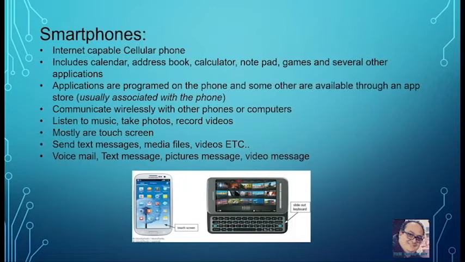You can connect through wireless or Bluetooth to another phone, another device, or the computer. You can listen to music, take pictures, record videos, and mostly they are touchscreen. You can send text messages, media files, etc. It is capable of voicemail, text messaging, picture messaging, and video messaging.